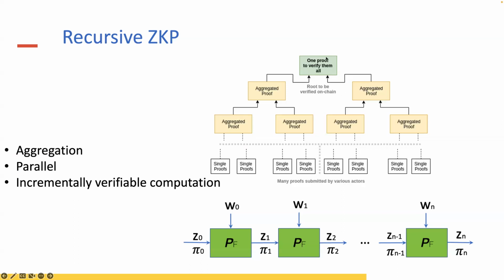But the amazing thing is, on chain or whatever, even off chain, you only need to verify this one proof. And if this one proof is good, all of these are good. Because you are doing this recursively, right? So this one is good, which means these two are good. This one is good, meaning this is good. Same thing, you can aggregate a lot of proofs into a single proof.